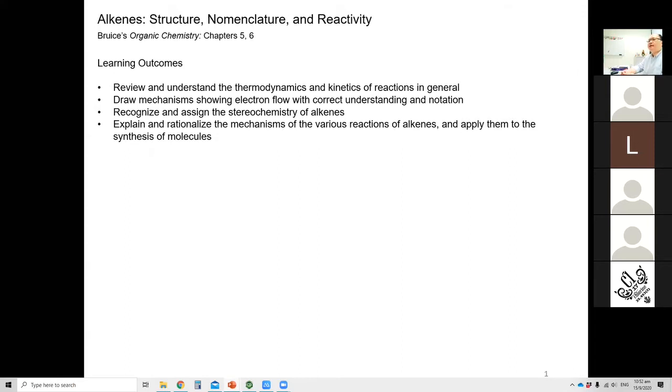There are also some stereochemistry issues of alkenes we are going to recognize and assign, because alkenes do not have R or S, but have E and Z, or what we call the cis-trans situation. And the most important thing for the rest of this semester is to explain and rationalize the mechanisms of various reactions of alkenes. So we're finally going to learn some new reactions.